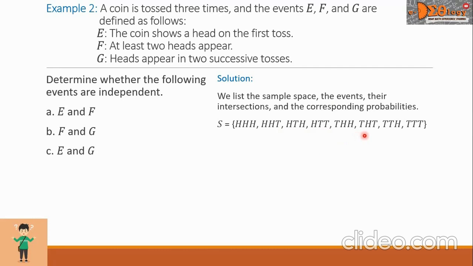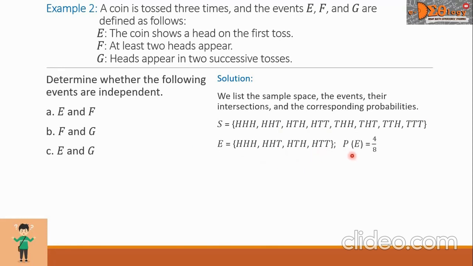Next is THT, then TTH, and the last is TTT, followed by the event E, and the elements are HHH, HHT, HTH, and the last HTT.